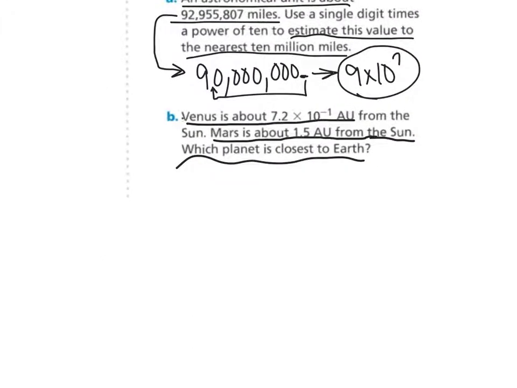So if we look at this, 10 to the negative 1st means we move our decimal 1 place to the left. And for Mars, it's already there.